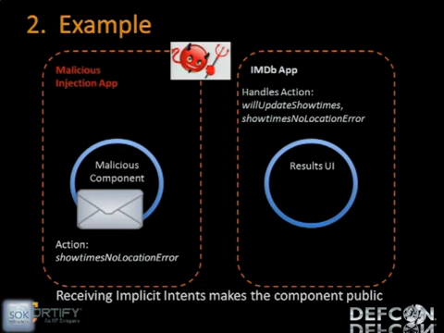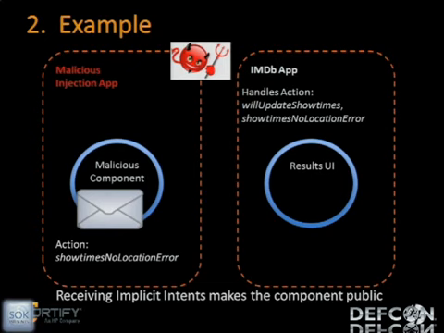So let's go back to the IMDb example. We had the receiving component that updates with show times or says that there's a no location error. If you recall, it was receiving an implicit intent, which made that component public. And so as a result, a malicious application can simply send an intent to that component. It can send it either explicitly or implicitly.